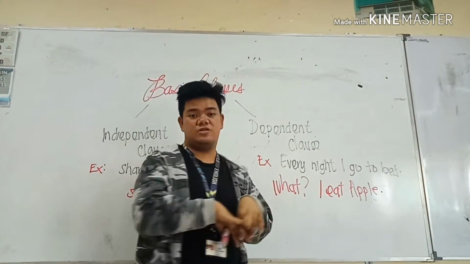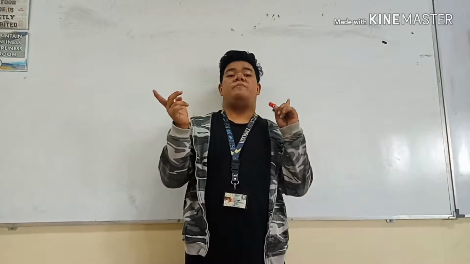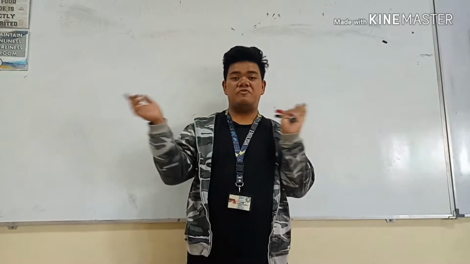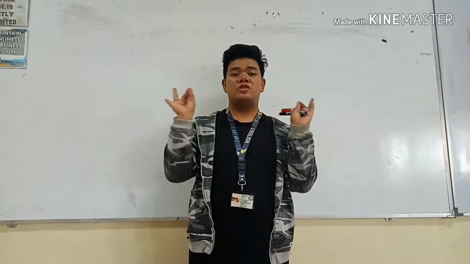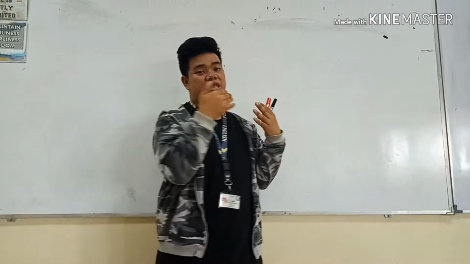That is the end of our discussion about independent and dependent clauses: what the differences are between the two, and how you can spot whether a group of words is an independent clause or just a dependent clause.